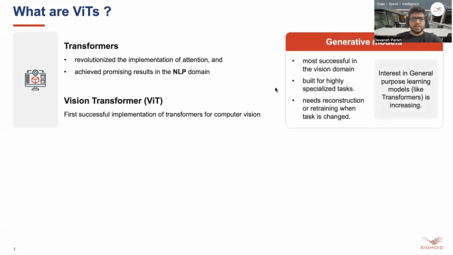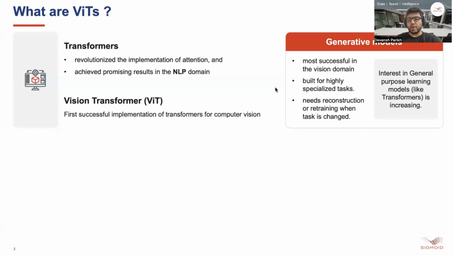Prior to vision transformers, the state of the art models were mainly either generative models or CNNs. While CNNs are multi purpose and can be used for multiple tasks, generative models are developed for highly specialized tasks. The problem with them is that they need reconstruction of the model architecture or retraining whenever the task is changed.